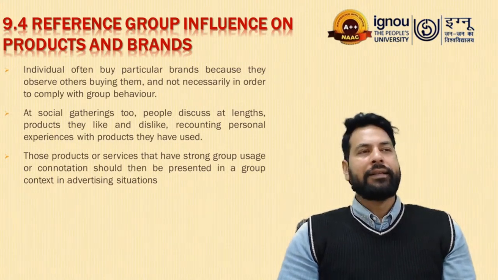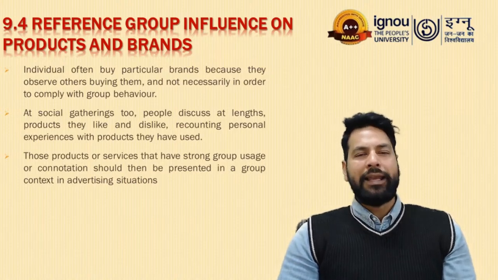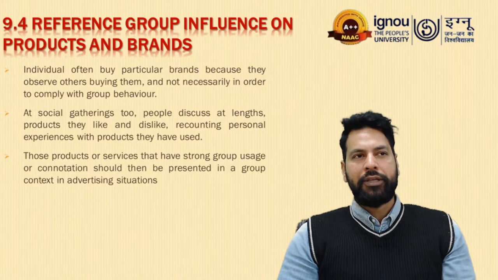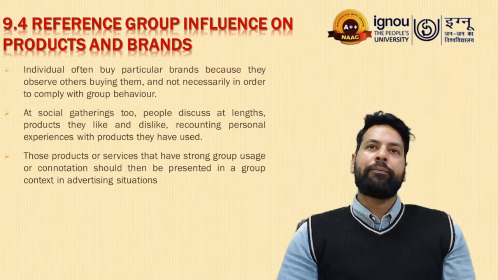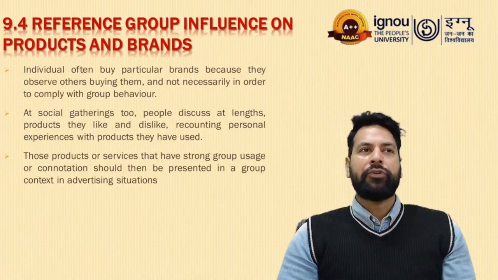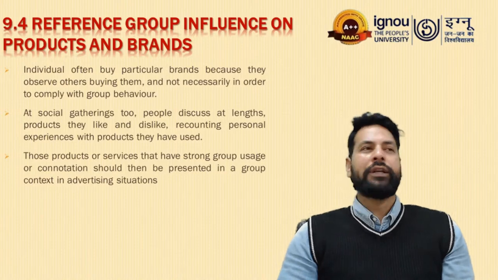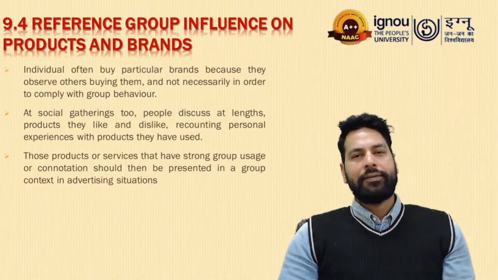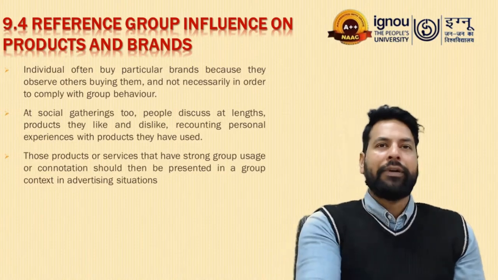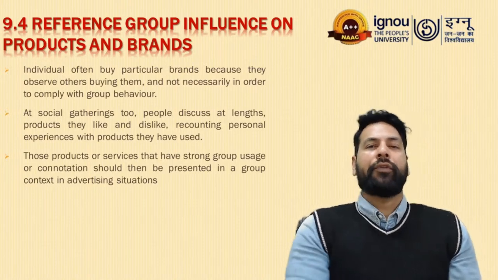Marketers know there are people who follow these celebrities, and once they get them for their product or services, chances are high that the market will try to copy and will buy the product or avail the services. So this is the kind of influence the reference group has.